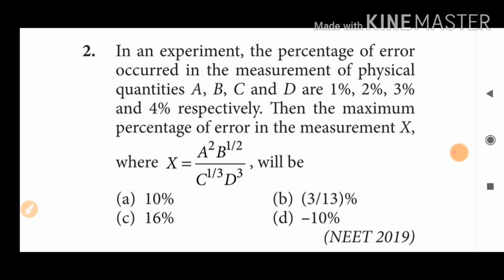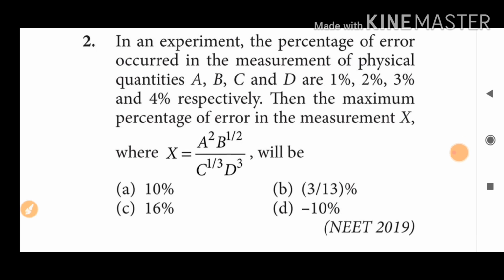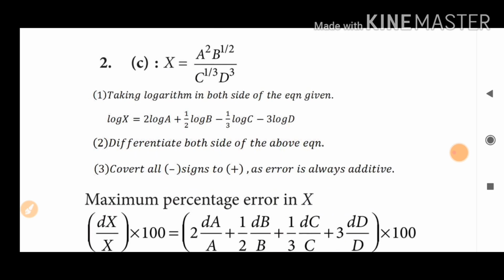Then the maximum percentage of error in the measurement of X, where X is given here. So you have to find the percentage error. Given X is A square, B to the power half, C to the power 1 by 3, D cube.